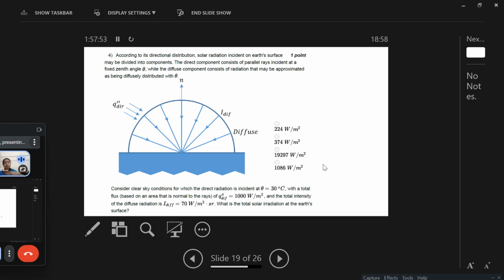So next is: according to its directional distribution, solar radiation incident on Earth's surface may be divided into components. The direct component consists of parallel rays incident at a fixed zenith angle theta, while the diffuse component consists of radiation that may be approximated as being diffusely distributed with theta.